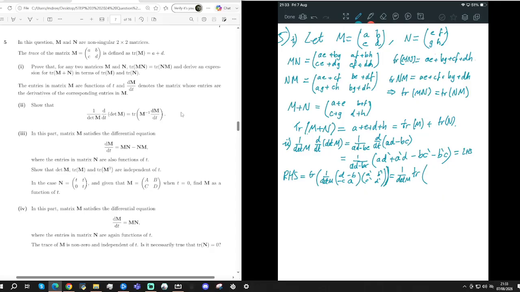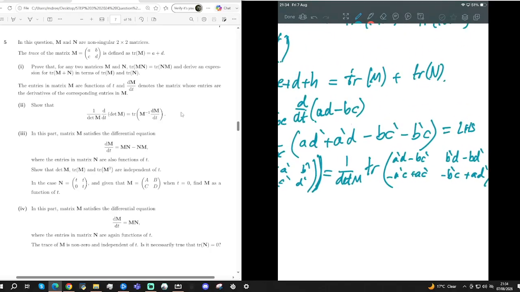Multiplying that matrix out, we're going to have A dash D minus BC dash in the top corner, B dash D minus BD dash, minus A dash C plus AC dash, and minus B dash C plus AD dash.